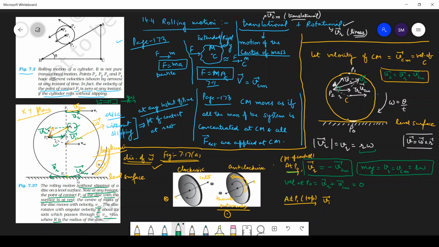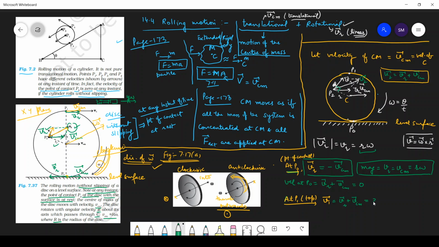At the contact point, VCM and VR were in the opposite direction, but here they are in the same direction. So you will simply be adding VR plus VCM at this particular point at the top. They are equal, and equal means a vector has the same magnitude and same direction.